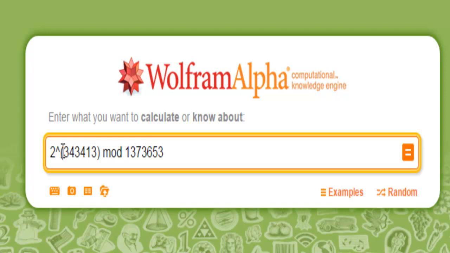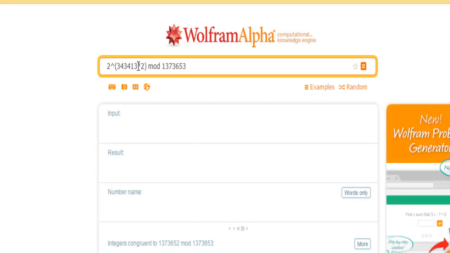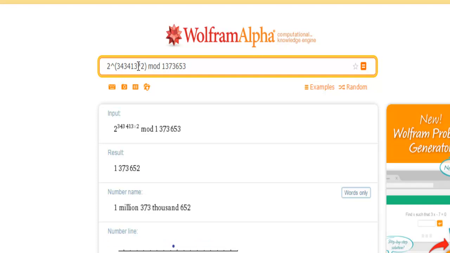It's usually pretty good at figuring that out. Let's see what it gives me. Okay, 890,592. And then we wanted to square that value, so I'll just come up here and multiply by 2. Enter. 1,373,652. So that's where we got congruent to -1.